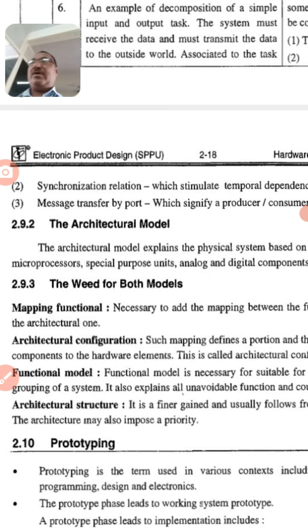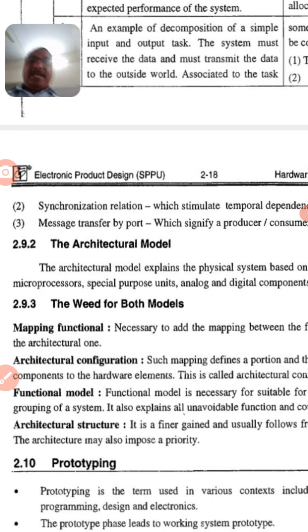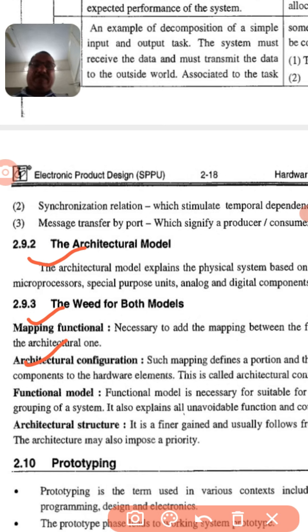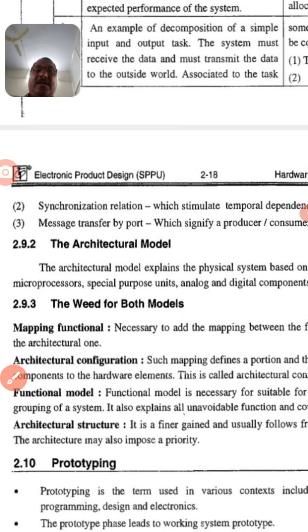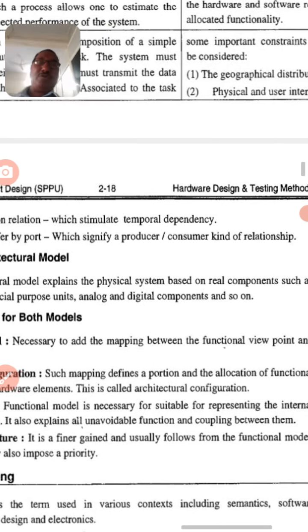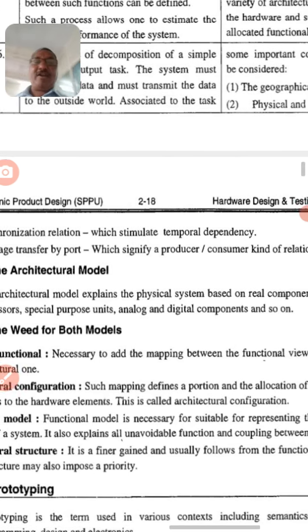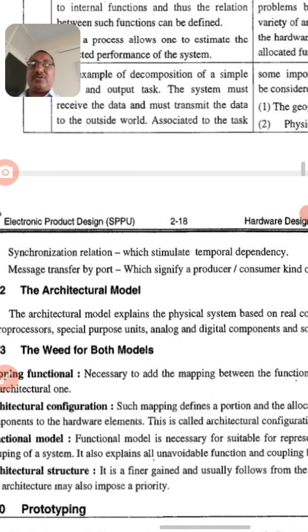The architectural model explains the physical system based upon real components such as microprocessors, special purpose units, analog and digital components, and so on.